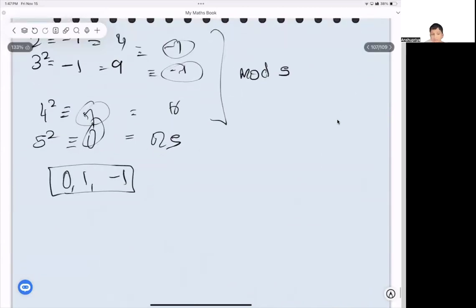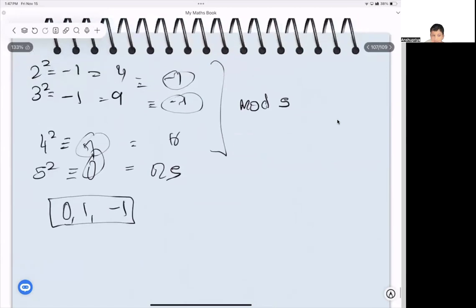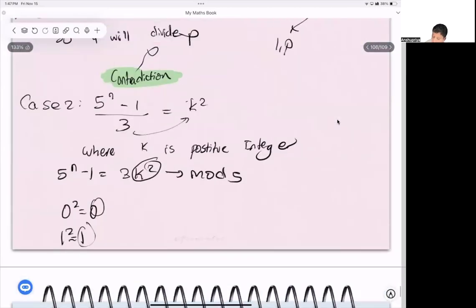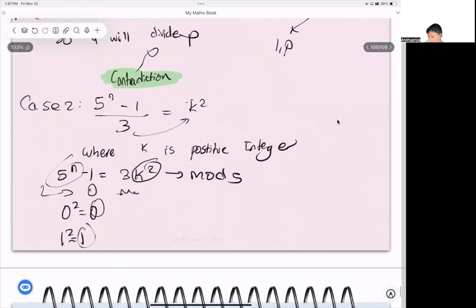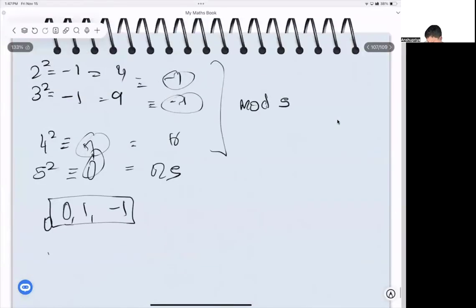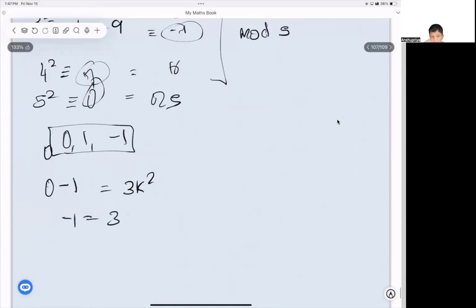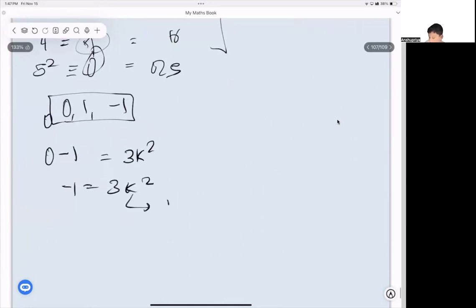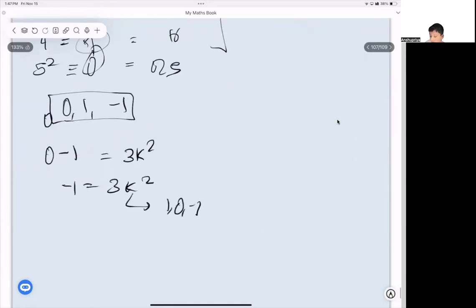Alright, so then what will we get? 5^n minus 1 is minus 1 mod 5 if n is at least 1, because 5^n is 0. So we'll get 0 minus 1 is equal to 3k squared, that is, minus 1 is equal to 3k squared, where k squared is 1, 0, or minus 1.